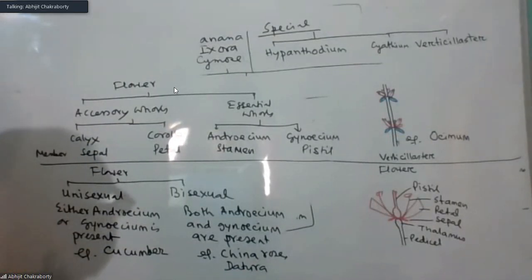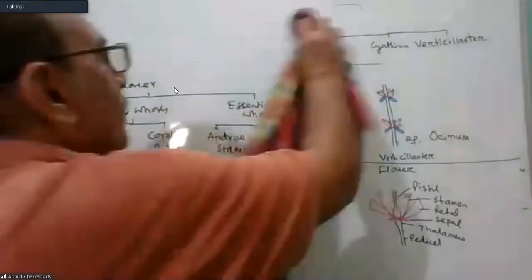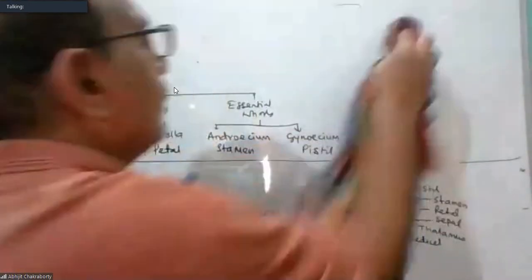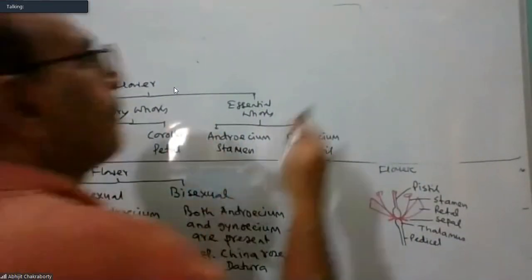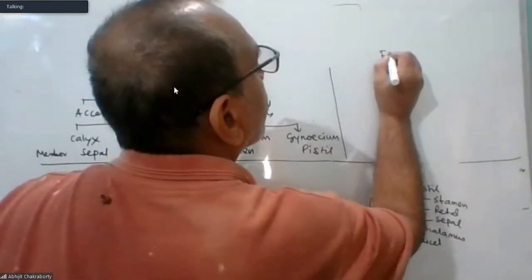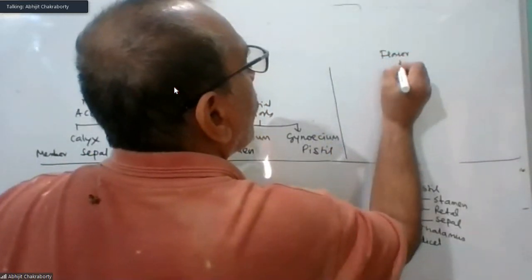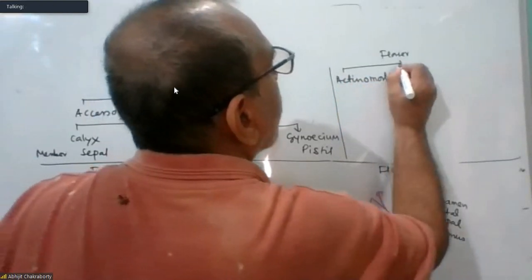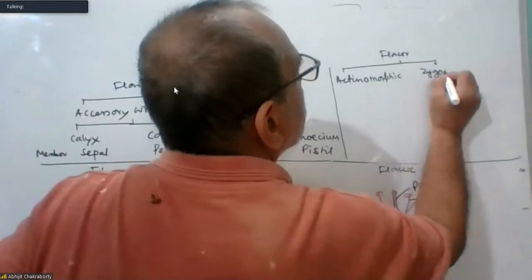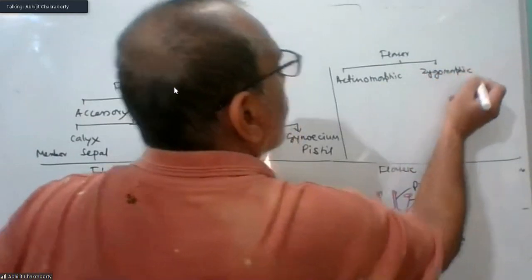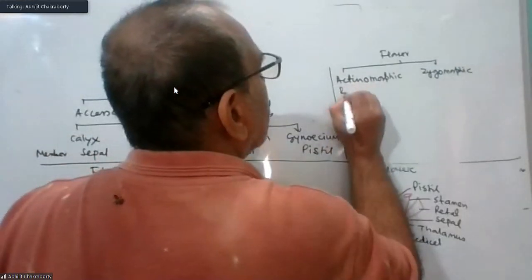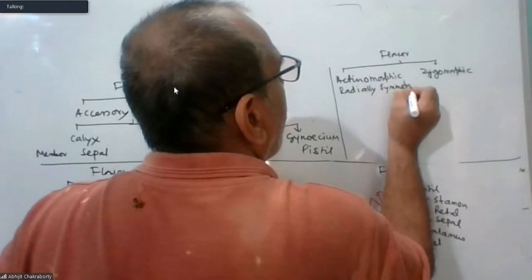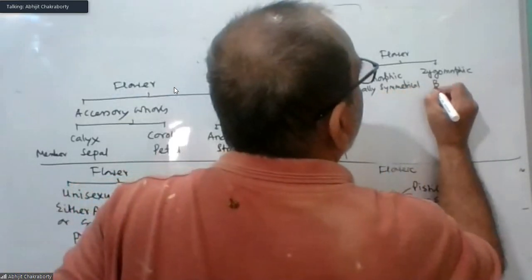Then comes another classification. Actinomorphic, zygomorphic. They are radially symmetrical and bilaterally symmetrical.